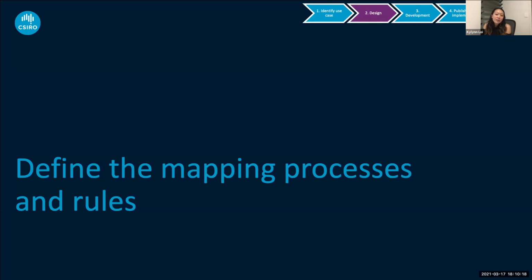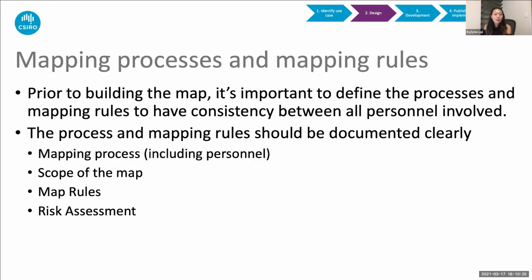Once you've defined your use case and purpose, you can then move on to the mapping process and the rules that are involved. Before building this map, it's really important to define these processes and rules to have consistency between all personnel involved. The process and mapping rules should be documented clearly, and this includes the mapping process, the scope of the map, your map rules, and any risk assessments that you might complete.